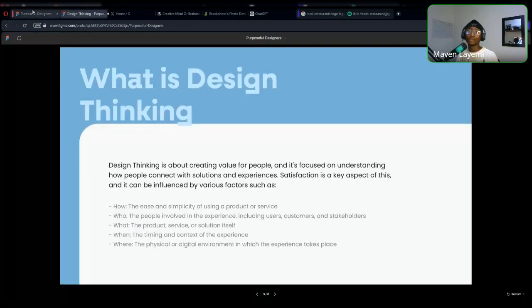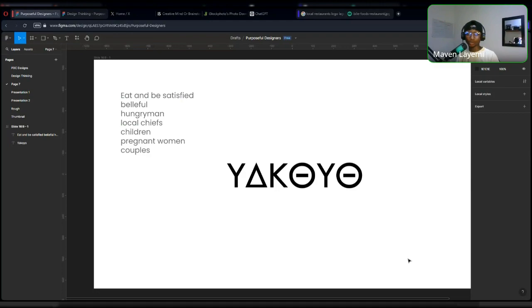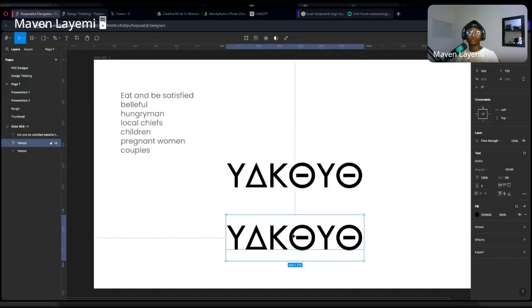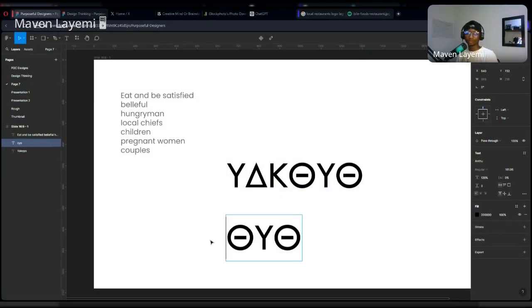So literally, this is what I was trying to do. What I have in my sketch is this.